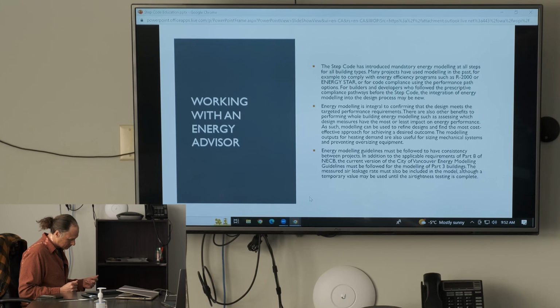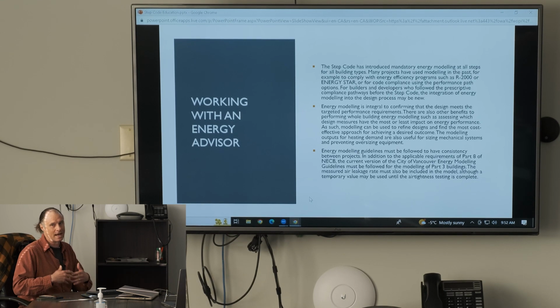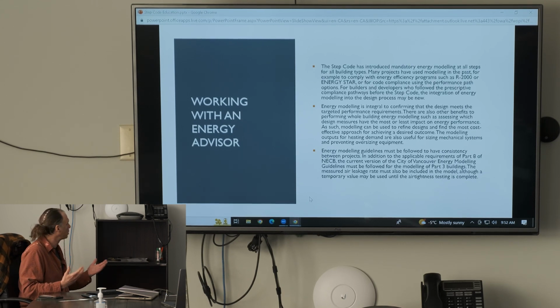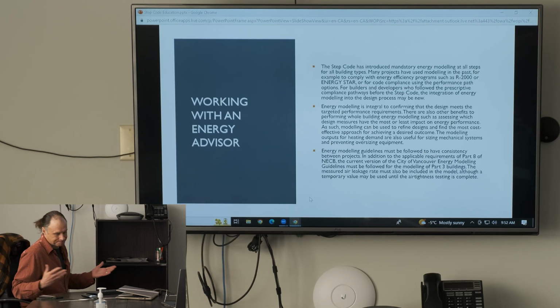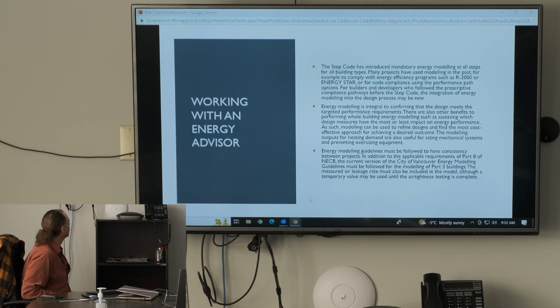So a house gets modeled and you're going to know pretty quickly which step it's going to reach, just with the proposed building plans. Energy modeling is integral to confirming that the design meets the targeted energy performance requirements.